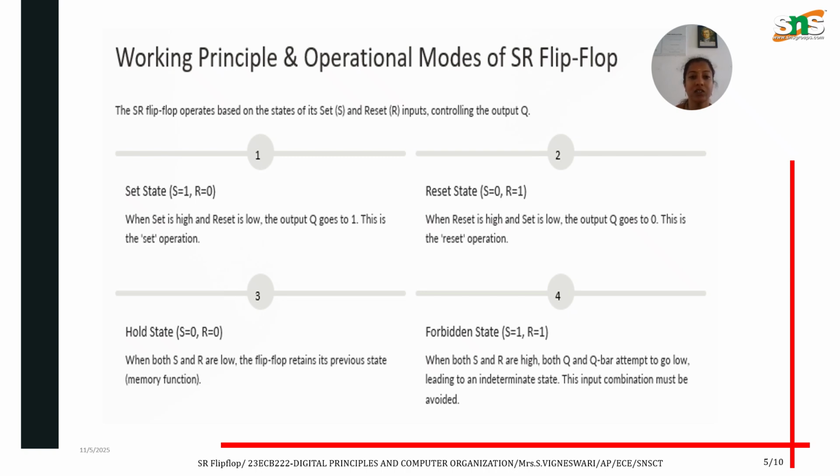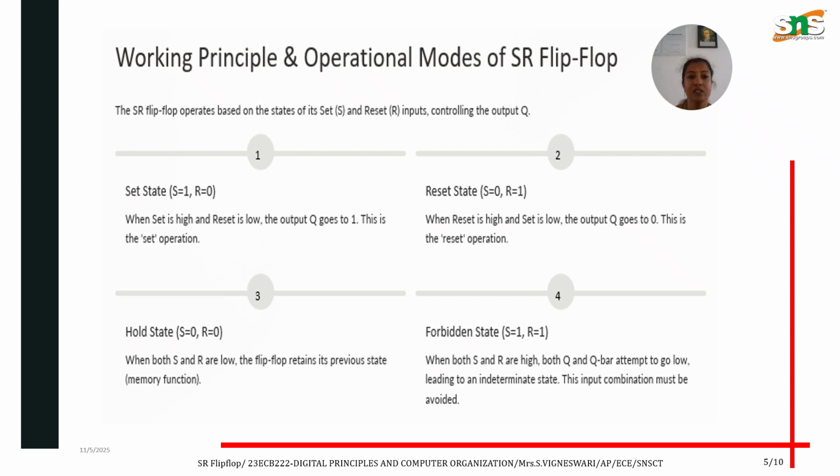As I said, SR stands for the set and reset flip-flop, where based on the inputs on these two conditions, it is able to control the output state. Here we mention the output as Q, right? What are the different states that exist in the SR flip-flop? When both set and reset are 0, which is the 0 0 condition, we say that as no change, which means it holds what remains in the previous state.